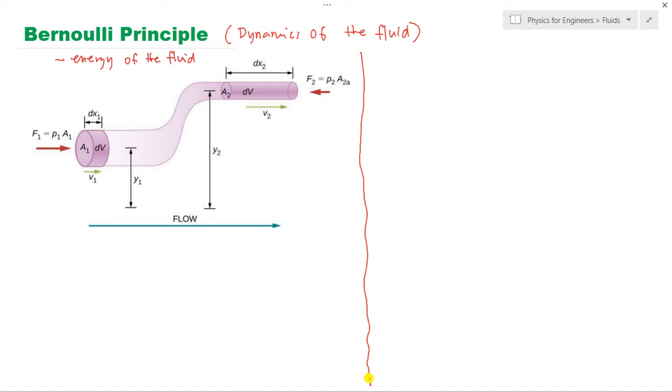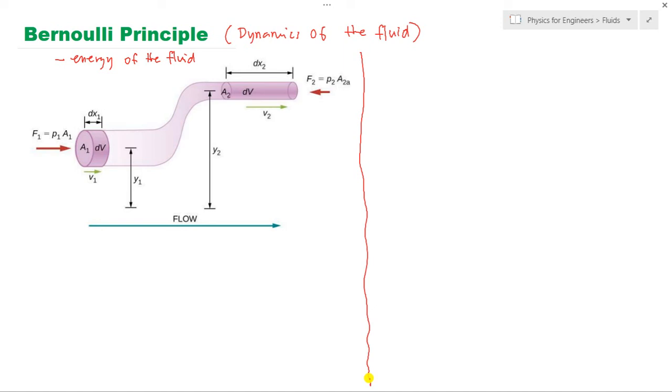So what properties can we get, sir? We can get the pressure of the fluid, its velocity, its volume flow rate, its elevation, and its temperature in some cases. That is for Bernoulli.